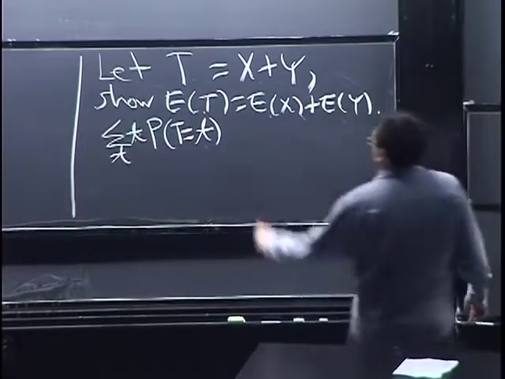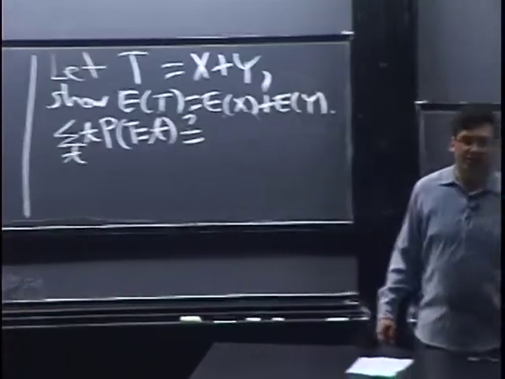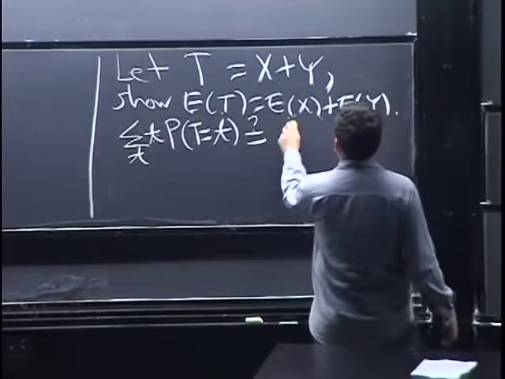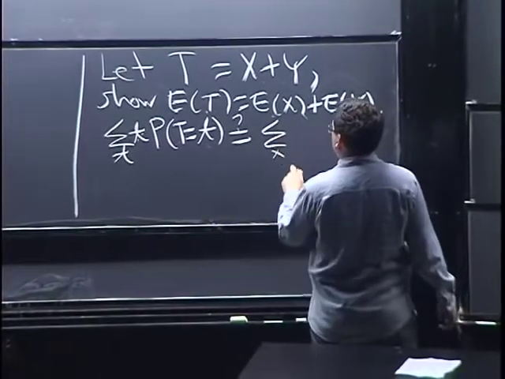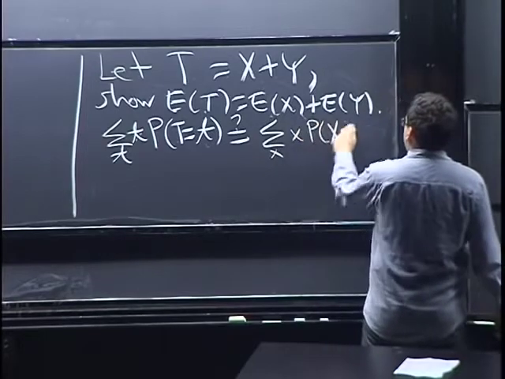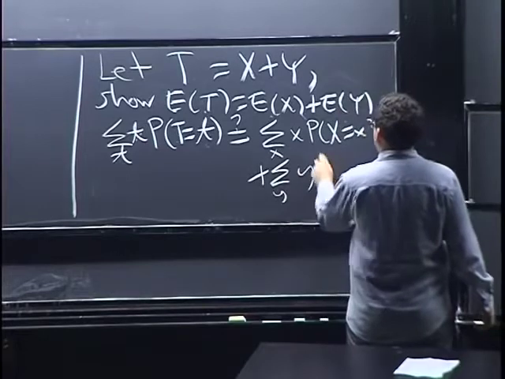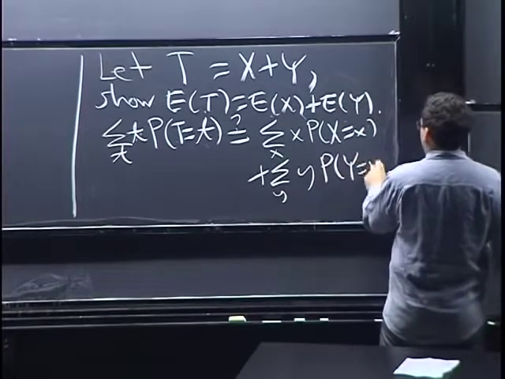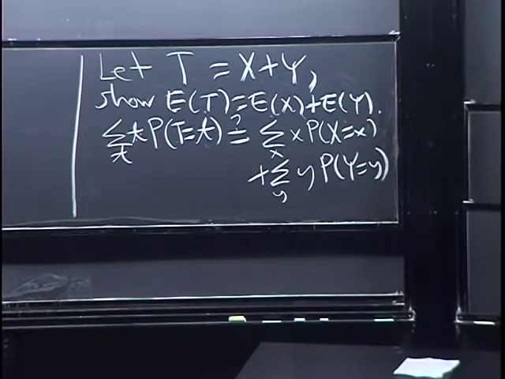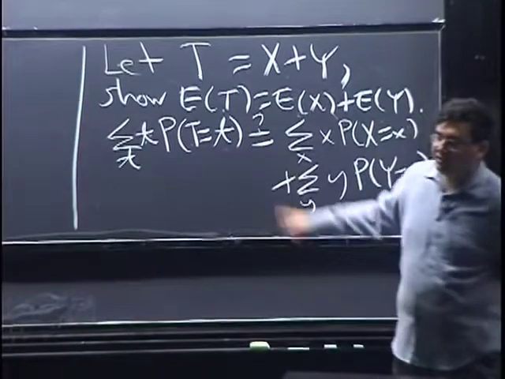So I'll put equals with a question mark, because we want to see whether this is true: E of X plus E of Y. So for E of X, we would take the sum over x of x times the PMF of x, and then similarly for y, y times the PMF of y. I'm assuming they're all discrete random variables, so we can work with the PMFs. So there's a question mark here.